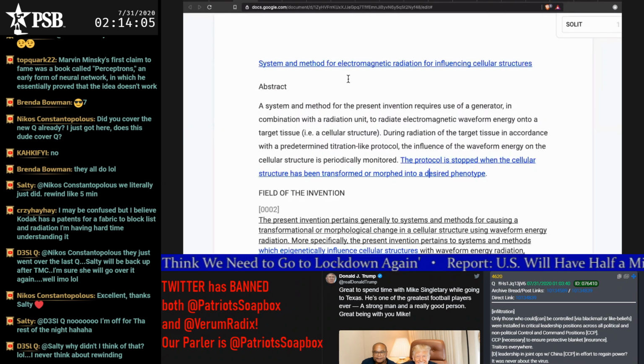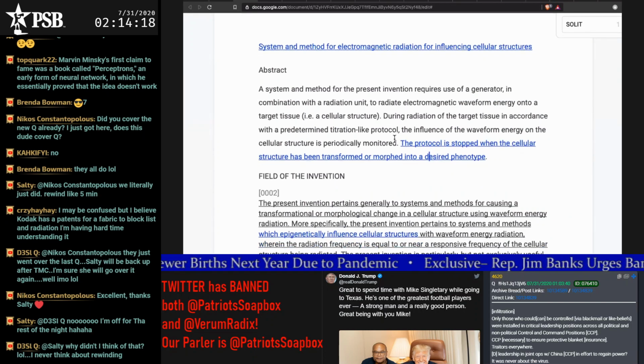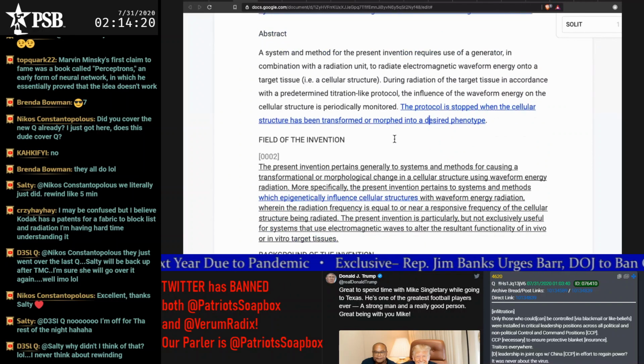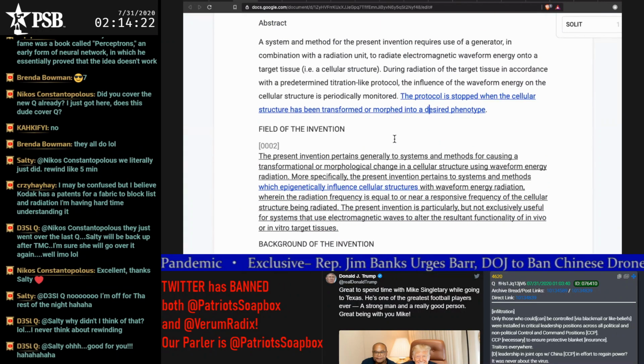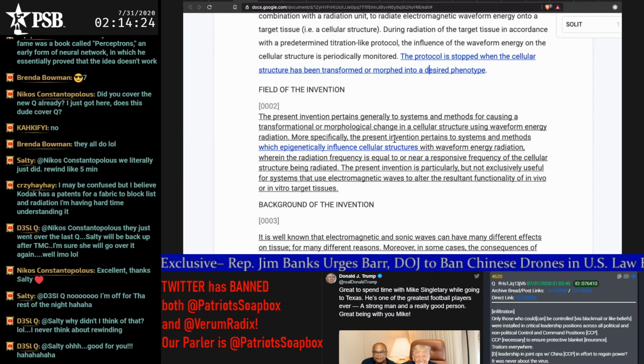So we're talking about electromagnetic radiation being able to manipulate your genetic expression, resulting in a change in your phenotype, in a phenotypic representation, however that manifests. It can be disease, it can be cellular health, it can be anything. So the present invention pertains to systems and methods for causing transformational or morphological change in cellular structures.